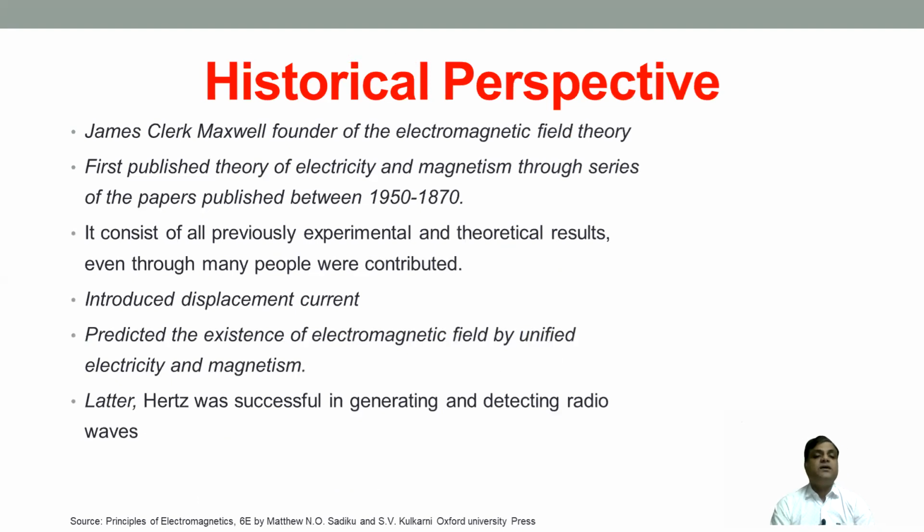First, James Clerk Maxwell is the founder of electromagnetic field theory. He published the theory of electricity and magnetism through a series of papers published between 1950 to 1970.